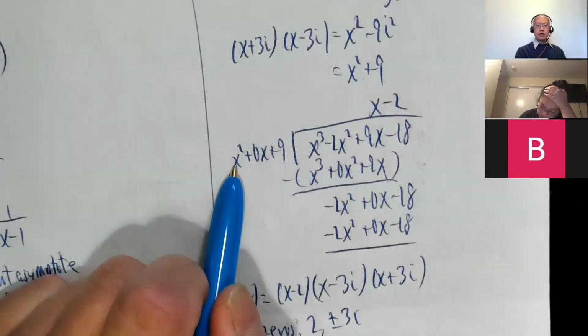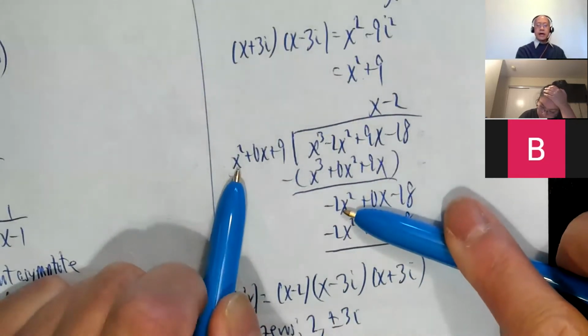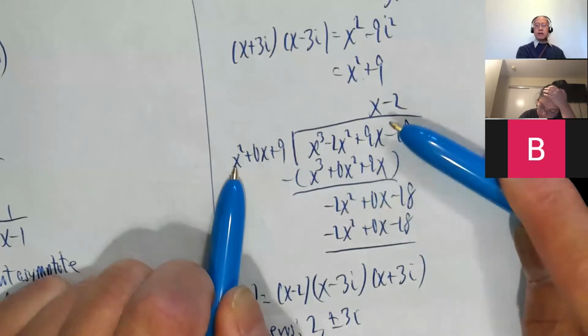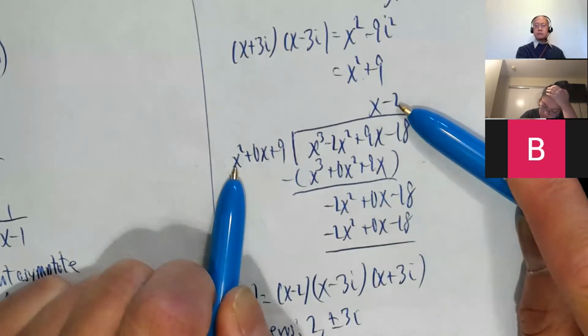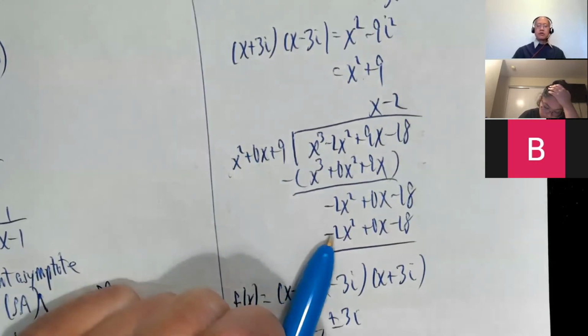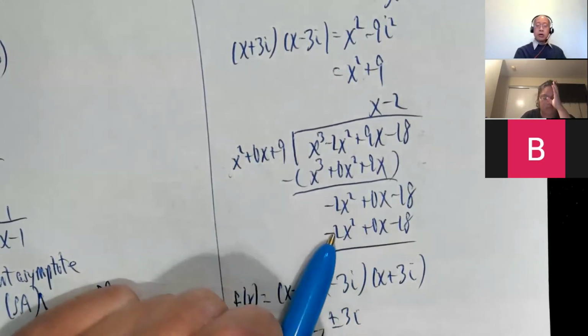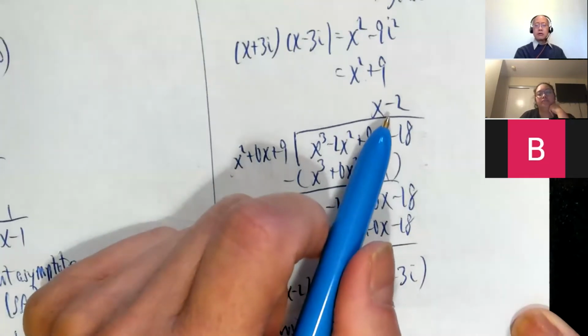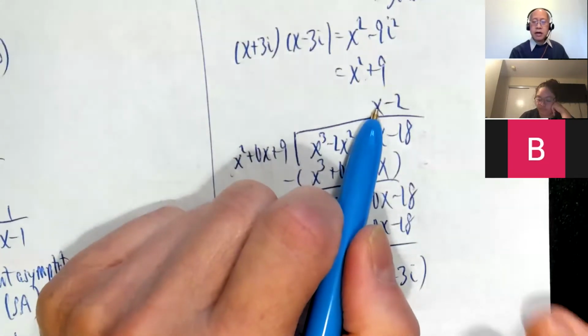Then how do I go from here to here? x squared to negative 2x squared, I multiply by negative 2. Now negative 2 times this whole thing, negative 2x squared plus 0x minus 18. No remainder, just as I anticipated. So the last factor is x minus 2.